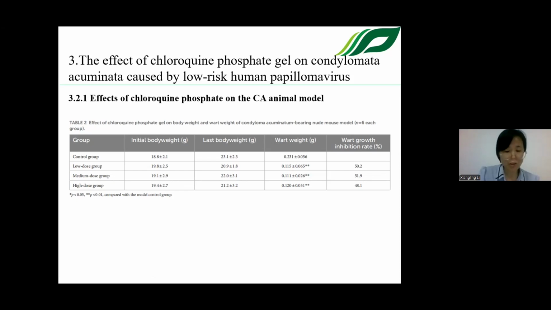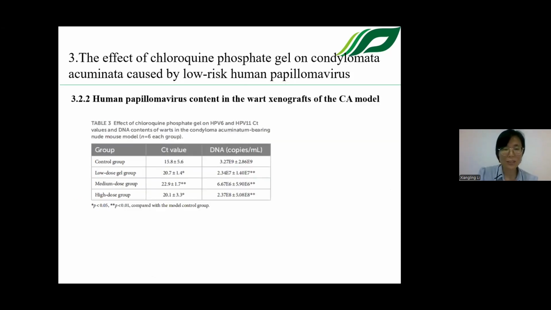Okay, if the weight of the warts was changed, then how about the HPV DNA content in the tissues? So after that, we used PCR to detect the DNA copies in the wart tissues.